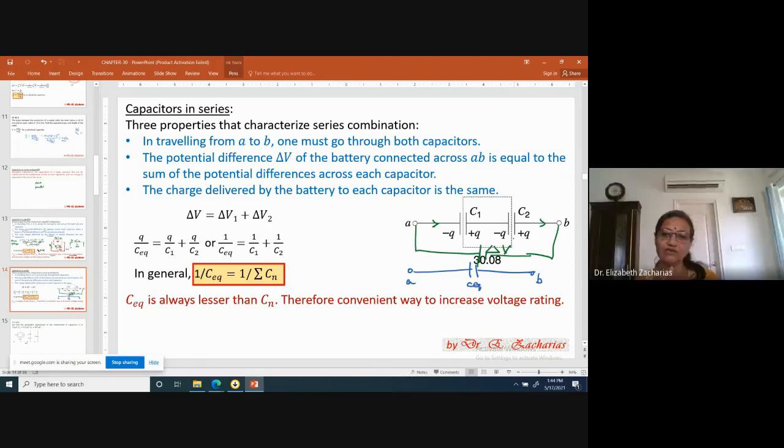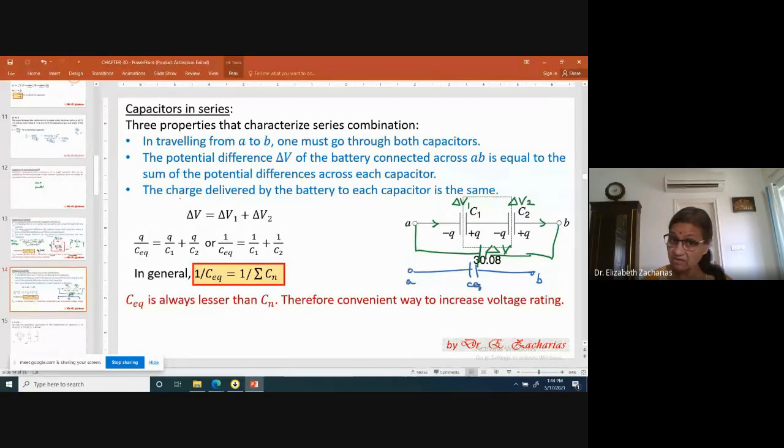Charge. Charge was shared, whereas here, voltages get shared. So how do they share voltage? The potential difference between these two plates will be delta V1, these two plates will be delta V2, and you will get delta V equal to delta V1 plus delta V2. So that's another thing.